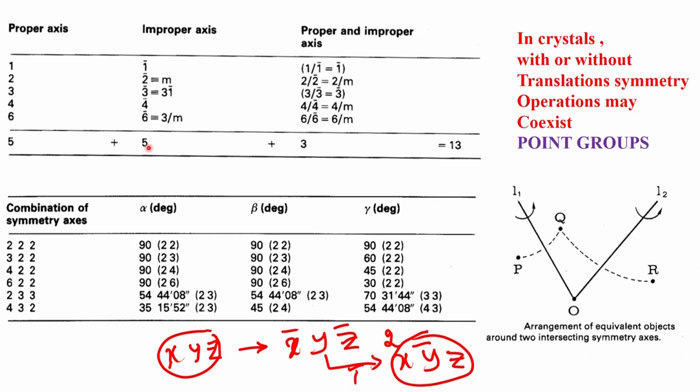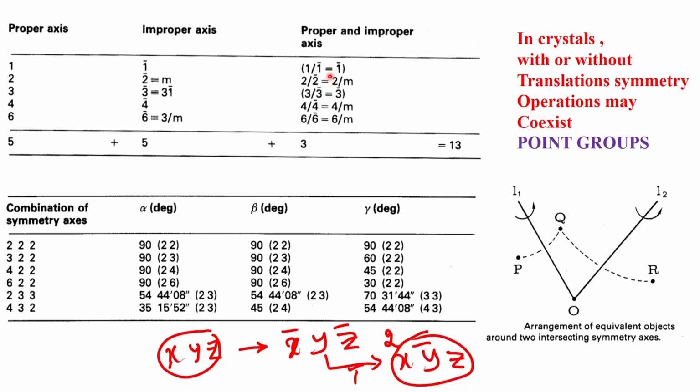We should also realize that since the operations do not involve translational periodicity, both these operations, the proper axis operation and the improper axis operation, proper axis is 1, 2, 3, 4, 6 and the improper one is the 1 bar symmetry, the inversion center. These two operations do not involve any translational component like we have in the case of a screw or a glide plane, and therefore, these now can be combined with each other.